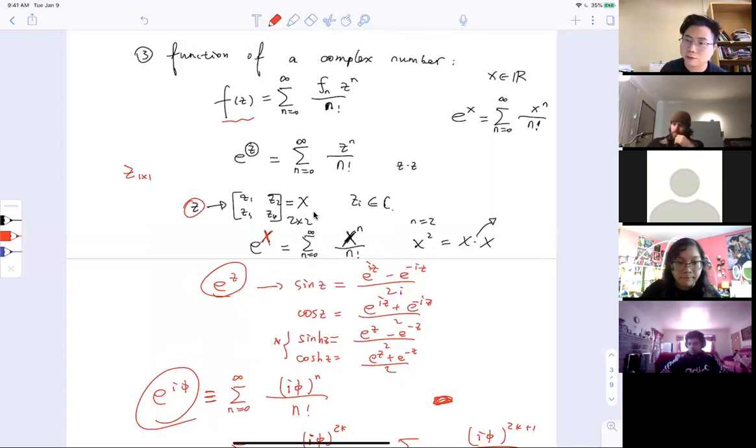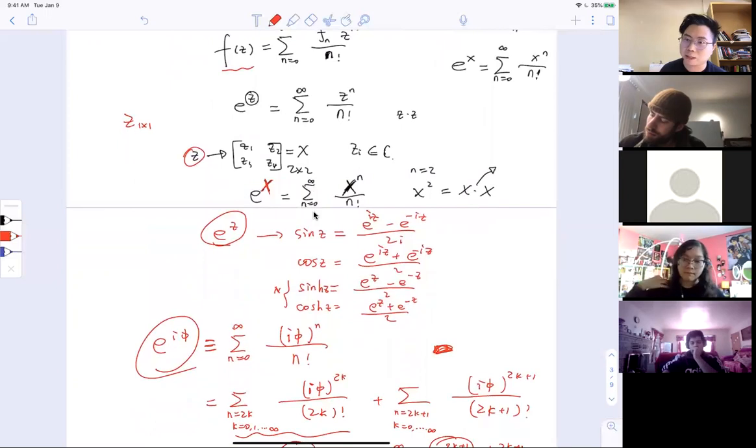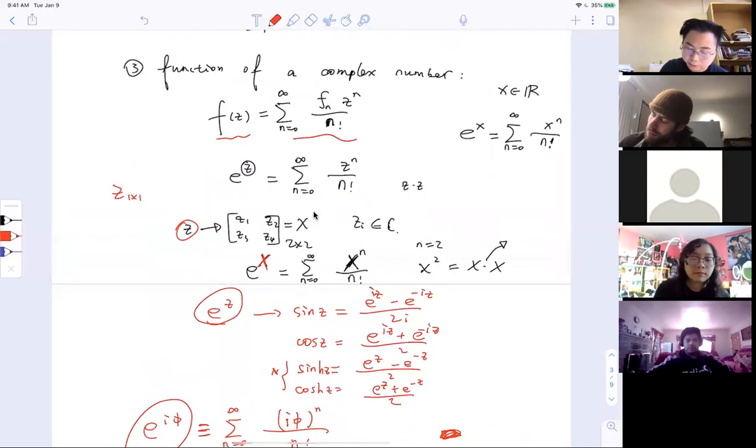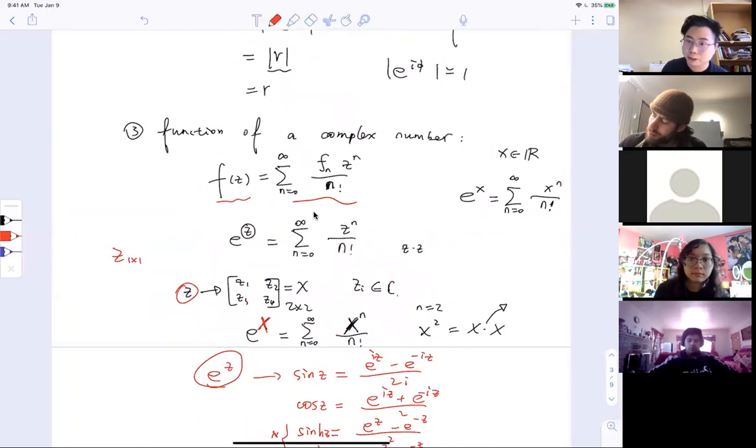You don't need to be afraid of these complex functions, because they are always defined by polynomials, the sum of these, and you know each term of this kind of summation.